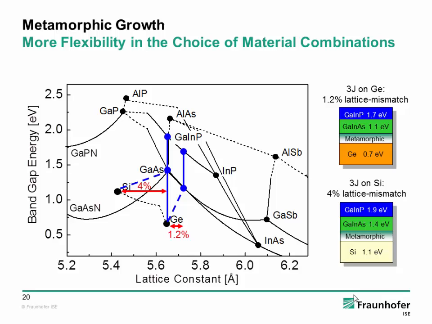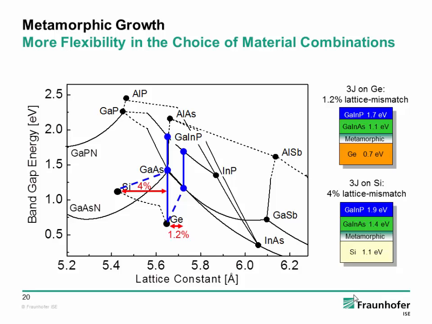So now, what is quite interesting, if you do a theoretical calculation and look for the highest triple junction efficiency, you find that actually this material is not the best combination, but rather to lower the band gap of the top and the middle cell. And if you do that, you see it's no longer lattice matched to germanium. And that is why we have to make a growth technique which allows us to grow a new lattice constant on top of our germanium substrate.